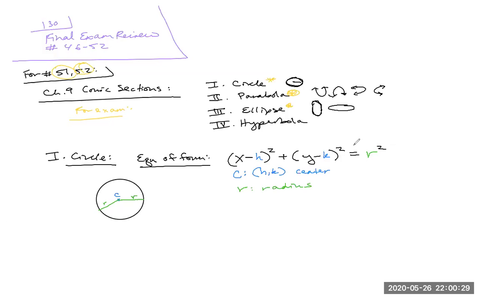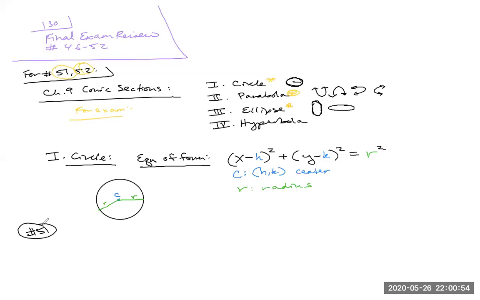Let's go ahead and get into the circle problem, which is number 51, and then we'll come back to the ellipse stuff.